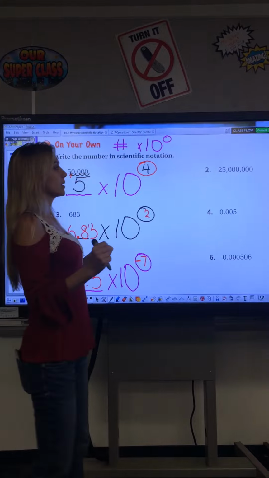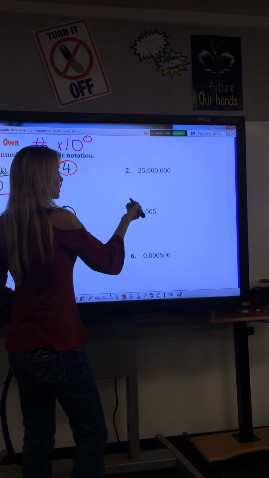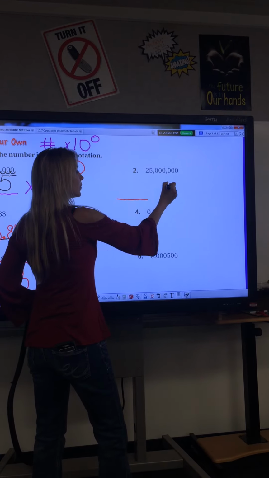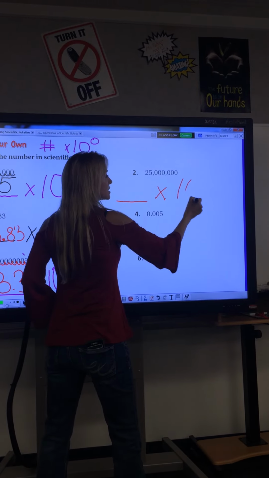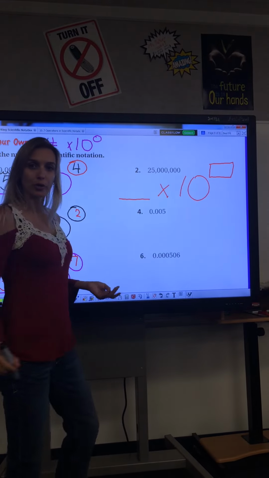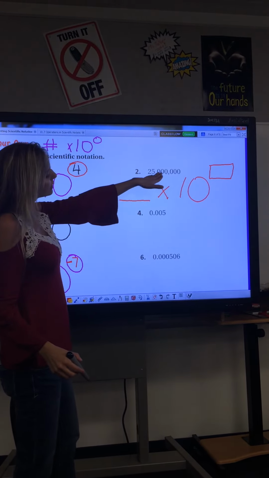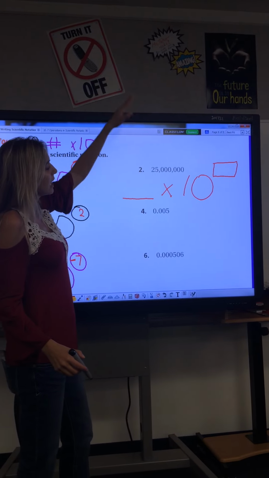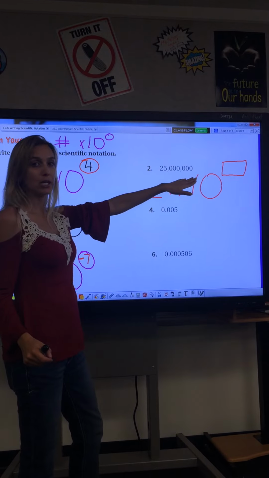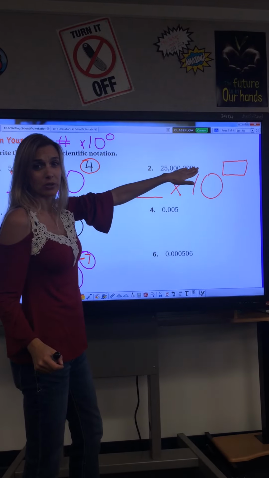Let's look at a couple more examples. Again, to write this in scientific notation, I know I have some kind of a number, always times 10, and what I'm looking for is my exponent. If I look at this, I have 25 million. That is bigger than 1, correct?